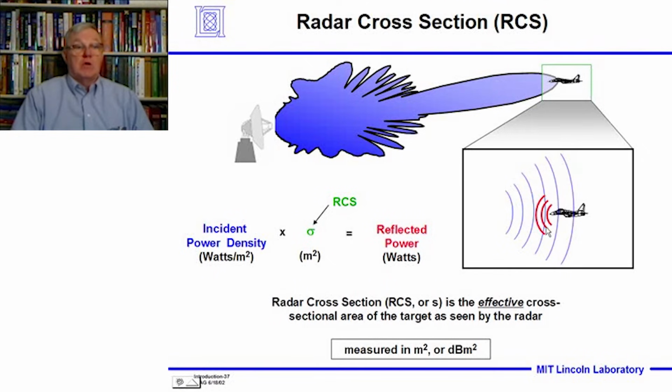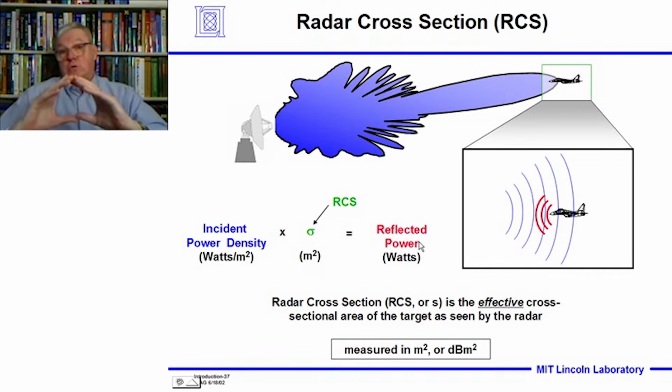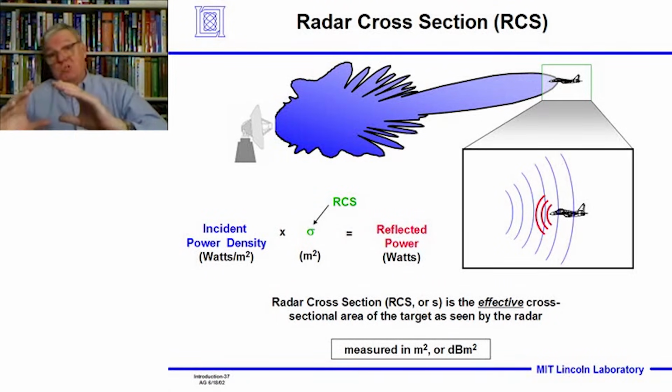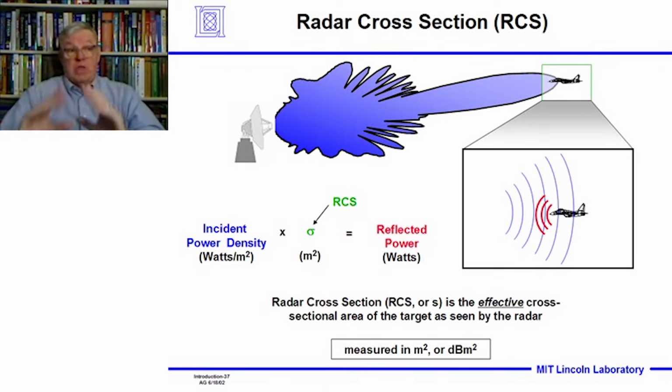And that's going to hit the target. And the radar cross-section is the effective cross-sectional area of the target as seen by the radar. An effective area, well, its units you'd expect to be meters squared, length squared, an area.